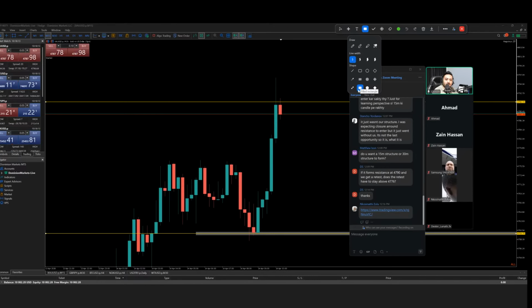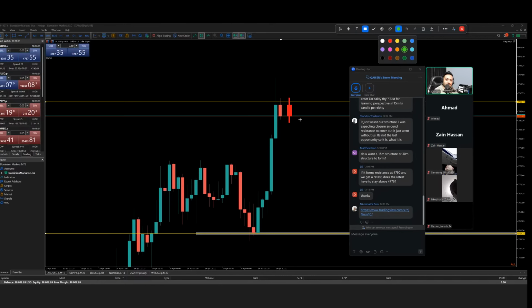So I would like to see a candle give me some kind of resistance here, or this could be my bias then. This is the scenario I'm looking for.